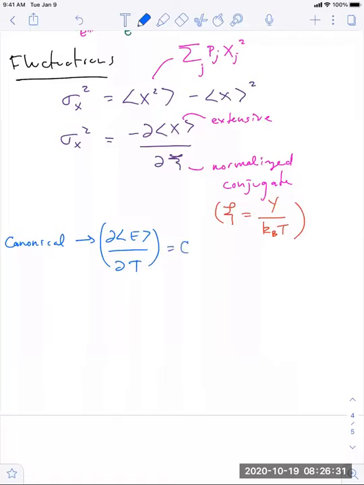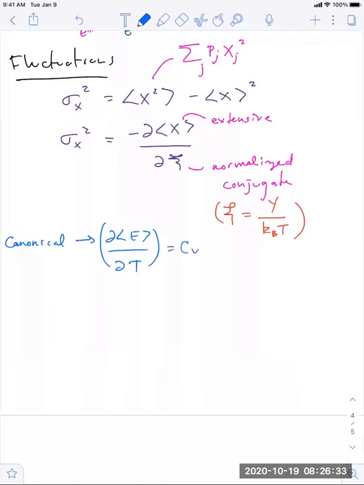So we know that this equals the heat capacity. And again, this is this extensive variable differentiated with respect to its conjugate. And so that's also related to the fluctuations, with some kBTs mixed in.